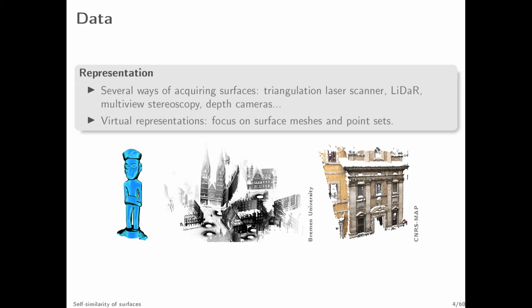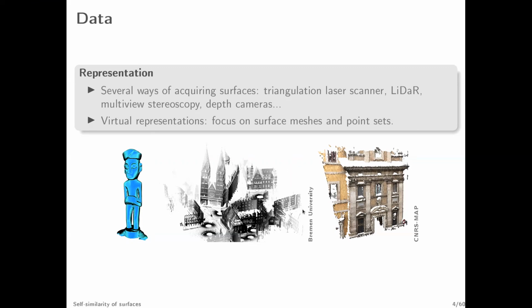Here you have data that can have different kinds of accuracy and can represent things at different scales. For example, here you'll see an example which is acquired by a high-res laser scanner on the left. In the middle, you have a range laser scanner, a whole city acquired by a scanner which is put at several spots in the city.